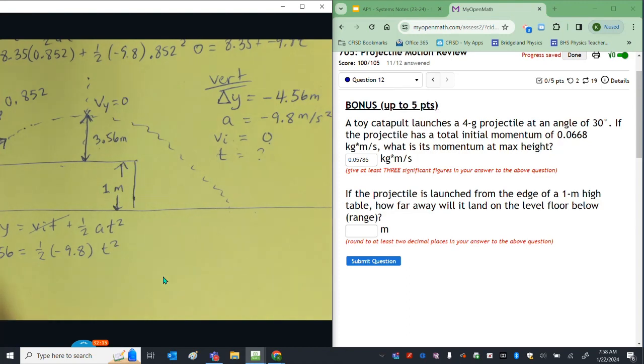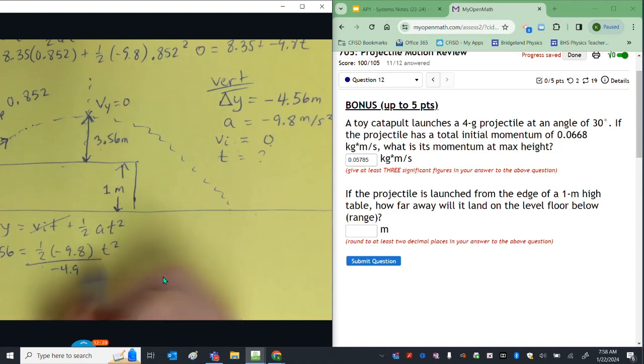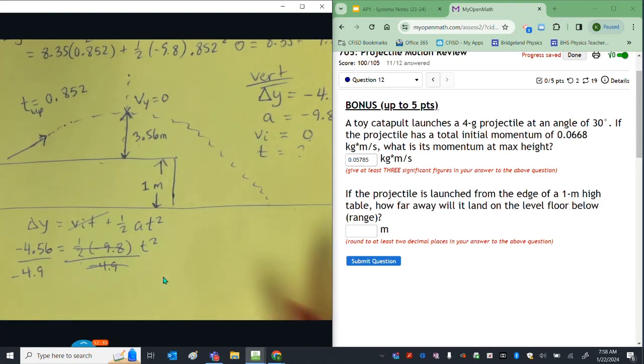If I divide both sides by negative 4.9, that cancels all this. Sorry, I just realized you can't see that. We divide that, we get 0.93 basically, but we need to take the square root.